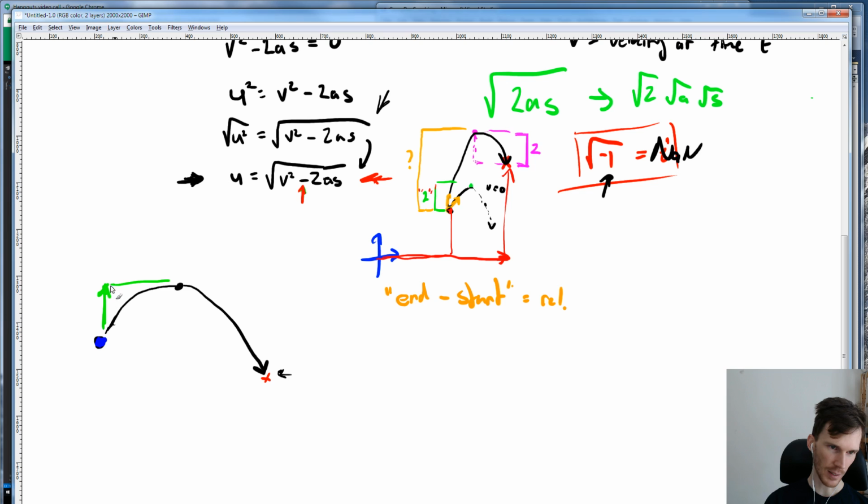The next part is how long does it take to get down to here? And given the time it takes to get up to here, plus the time it takes to get down to here, how fast do we need to lob it? Like this way. So that gives us the x-axis.